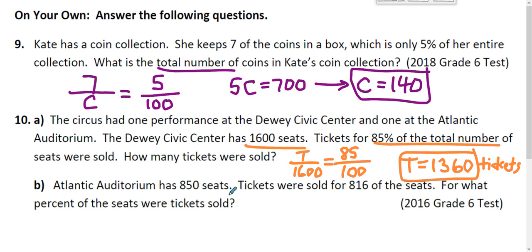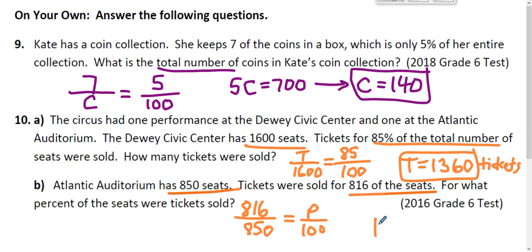Here over in Atlantic Auditorium, there are 850 seats. 816 of them were sold. So what percent is that? Well, you could set up a proportion. That's the part of the theater for which tickets were sold. That's the capacity of the theater. It's equal to the percent over 100.